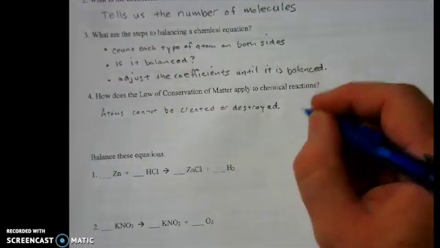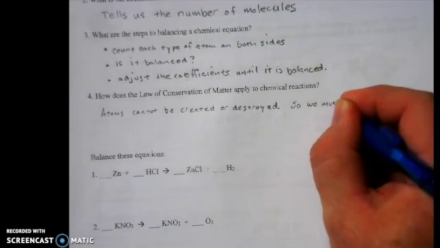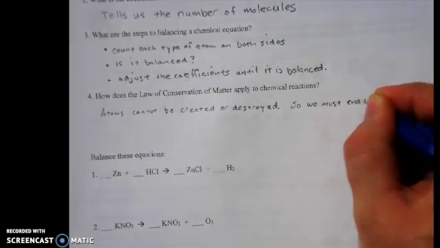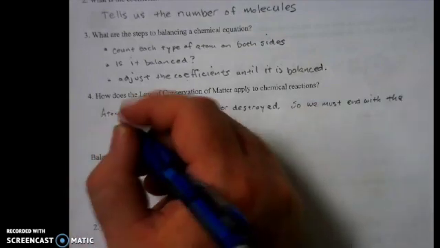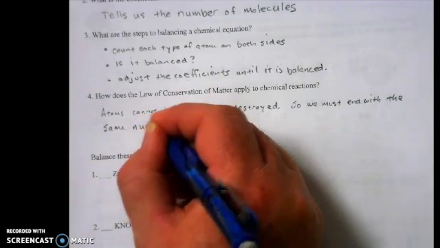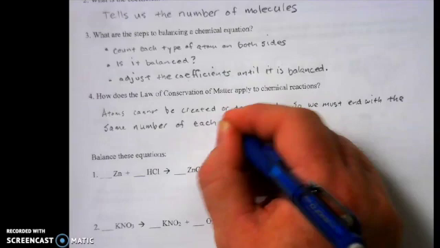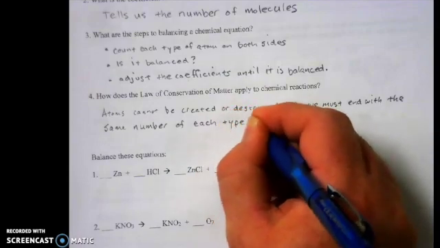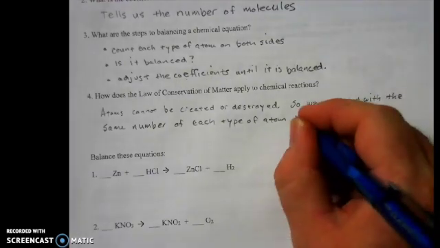So we must end with the same number of each type of atom that we started with.